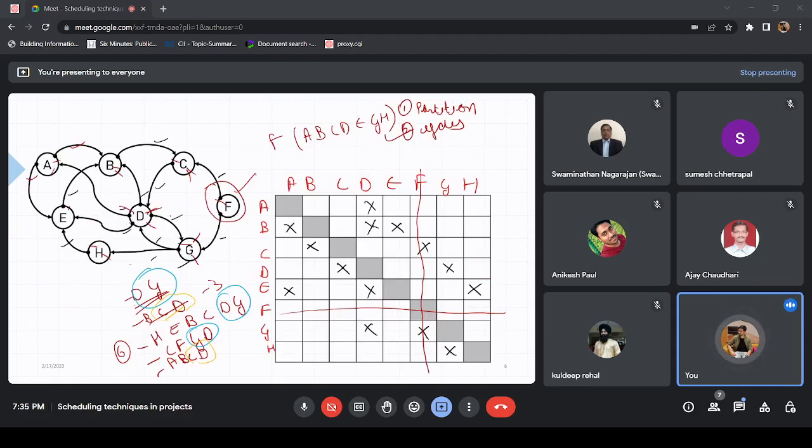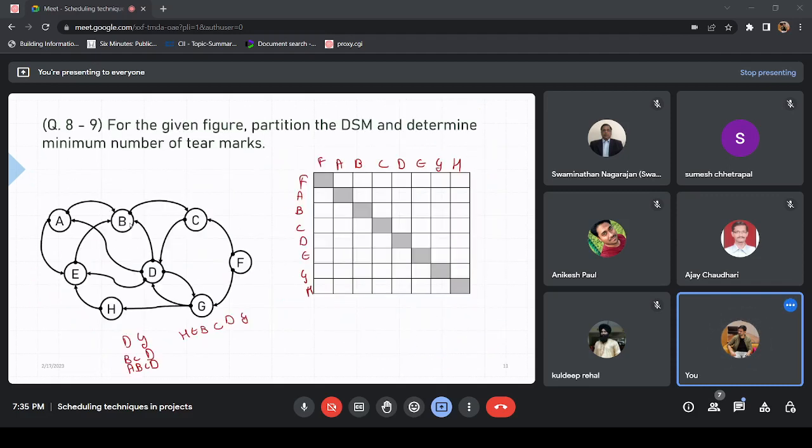There is one CFGD we wrote. Let's check. No, F cannot be in a loop, so CFGD is not there. Anything else? A, B, C, D, E. But E is not giving any information to A, right? Okay, I got confused with the arrow. These are directional arrows. Anything else? No, I think that's all.